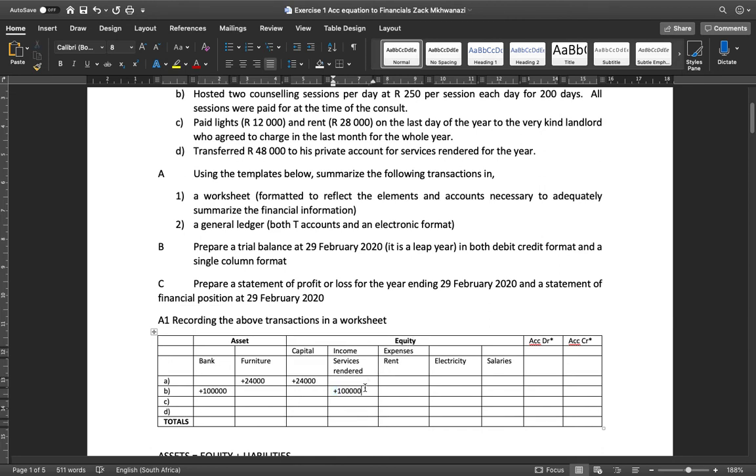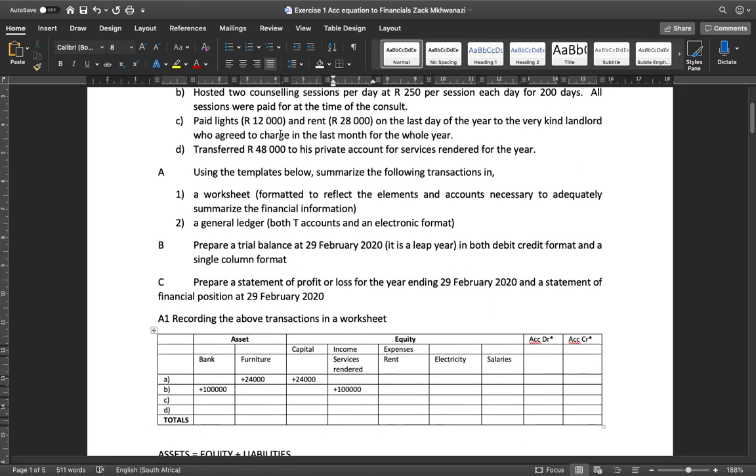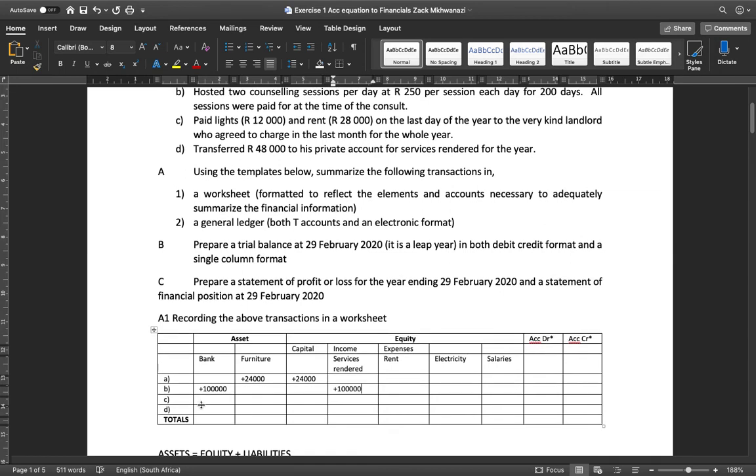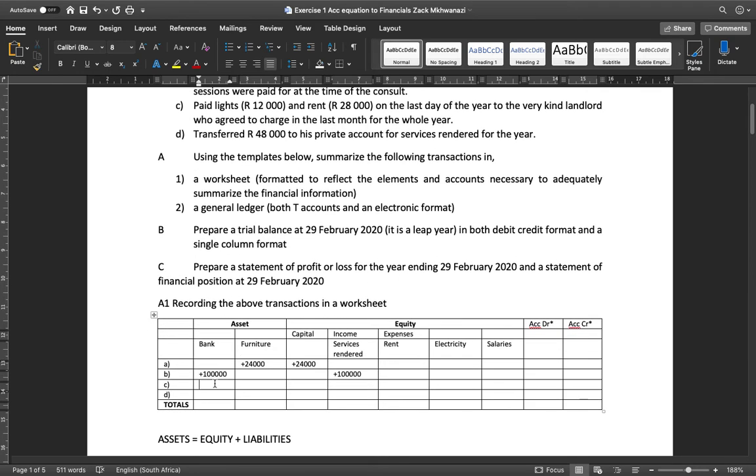So the third entry, we paid our lights and we paid our rent, and that was in total, we paid the landlord 40,000 Rand. So the bank has gone down, the bank is an asset, so I'm going to subtract 40,000 under assets. Now under my expenses, remember, I'm not going to say plus for rent because I'm thinking about the effect on equity.